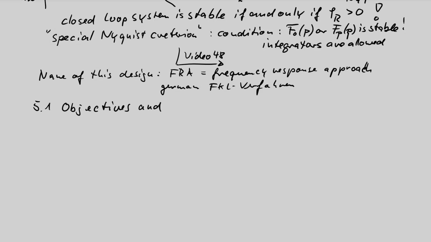The FRA design offers the possibility to get indicators so that you can see very early if your controller design in the end will be good or not. These indicators are very helpful in this design process, so I will show you these indicators.